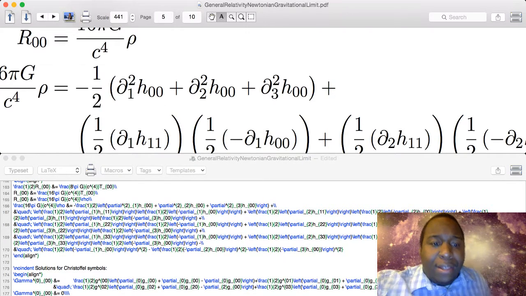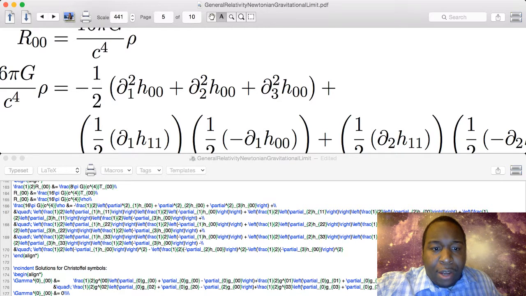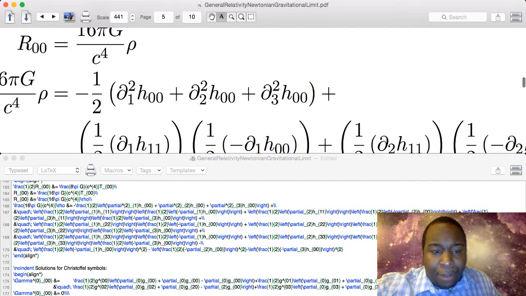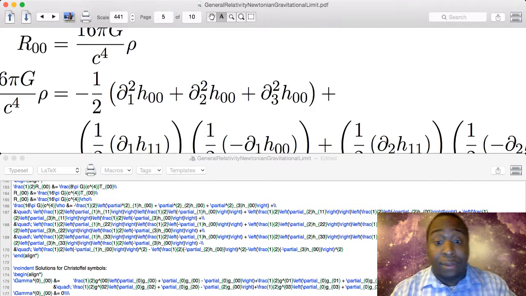So let's fix that. Basically this sum that we're seeing here, ignoring all the other terms and only focusing on this little part in the parentheses, the second order partial with respect to 1 of h sub 0,0 and so forth, that in itself is the Laplacian, which is what we want actually.